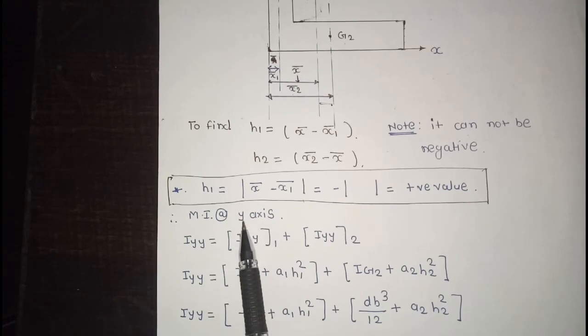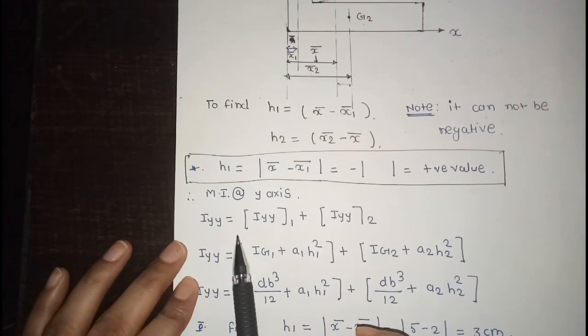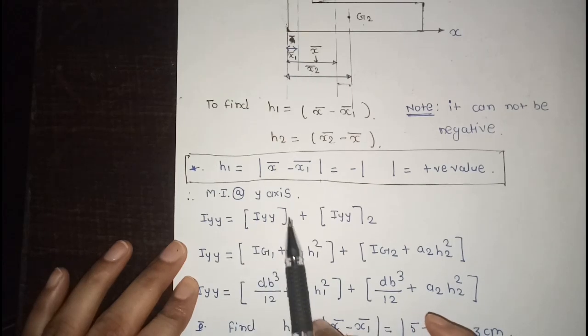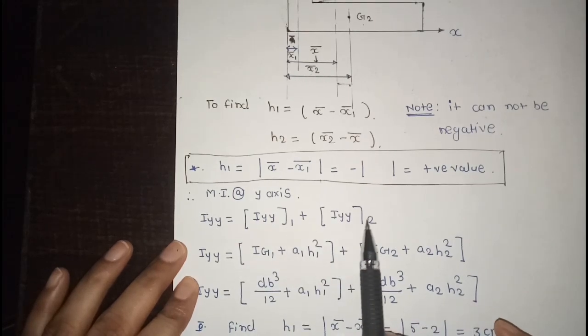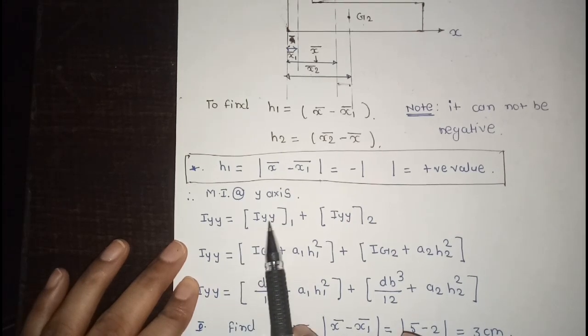So moment of inertia about y-axis. This is the formula. Iyy is equal to Iyy first section plus Iyy second section. Iyy is found by applying the parallel axis theorem. What is the equation of the parallel axis theorem?